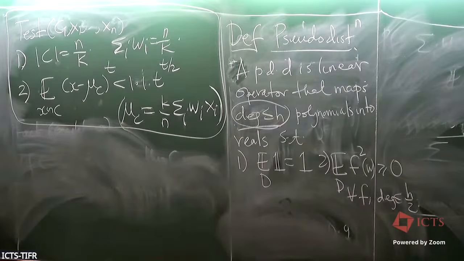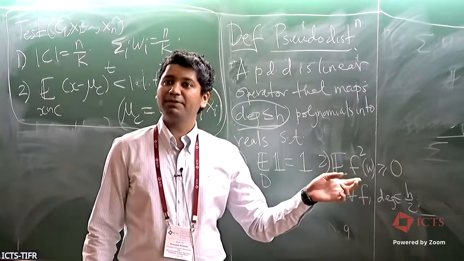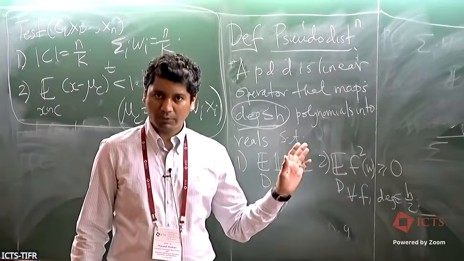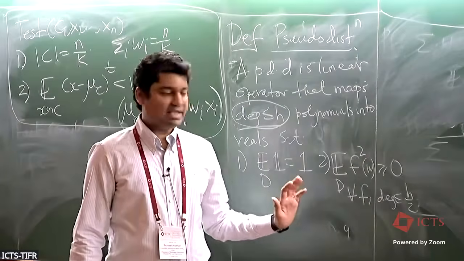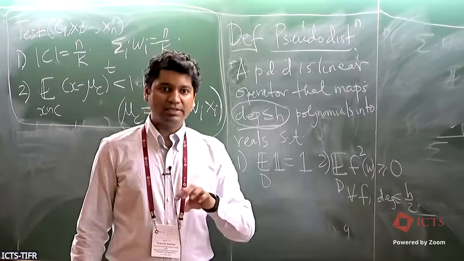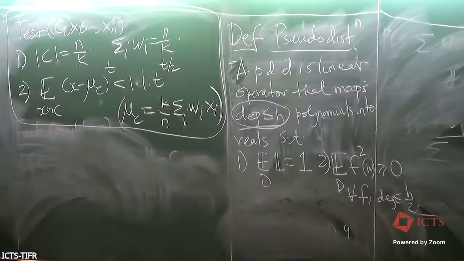The only kind of non-negativity it can reason about is non-negativity of squares. So in that sense, it is like a weaker object. It satisfies weaker constraints and therefore it's a more general object. There are many more pseudo distributions than distributions, if you will. Okay, good.